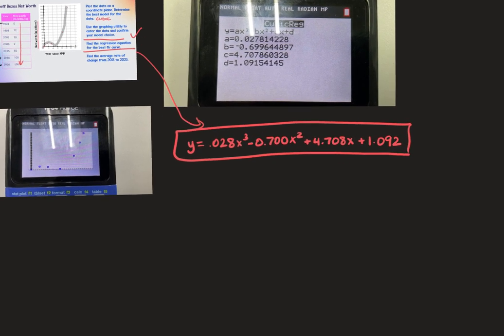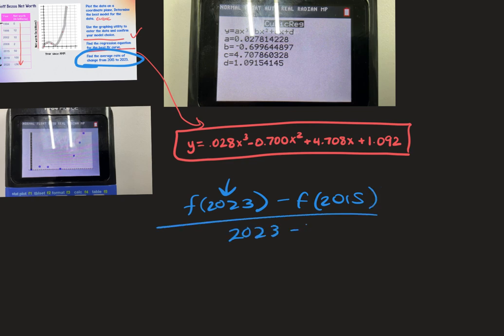And the last part of this question says, find the average rate of change from 2015 to 2023. So I need to find F of 2023. And this is not really 2023. I have to figure out how many years after 1994 that is. Minus F of 2015 over 2023 minus 2015.